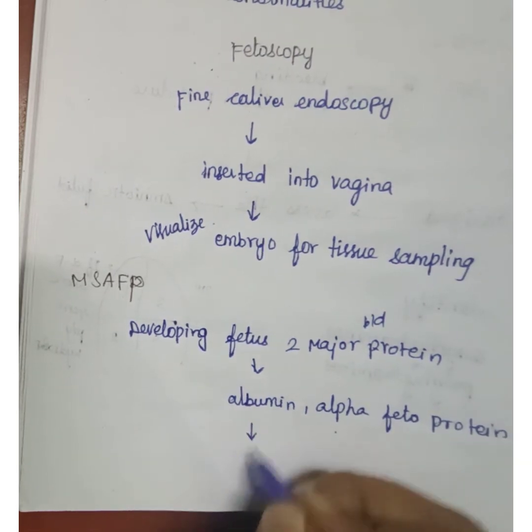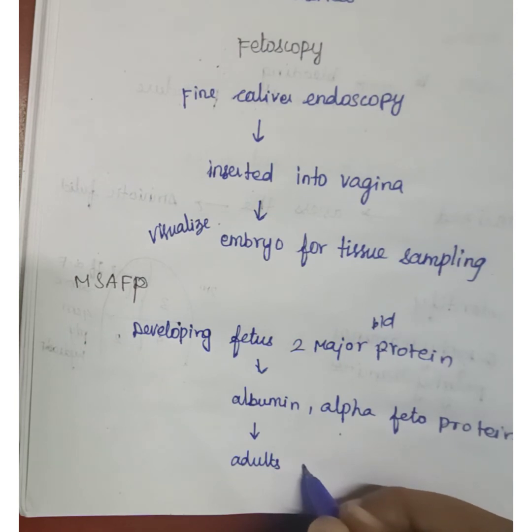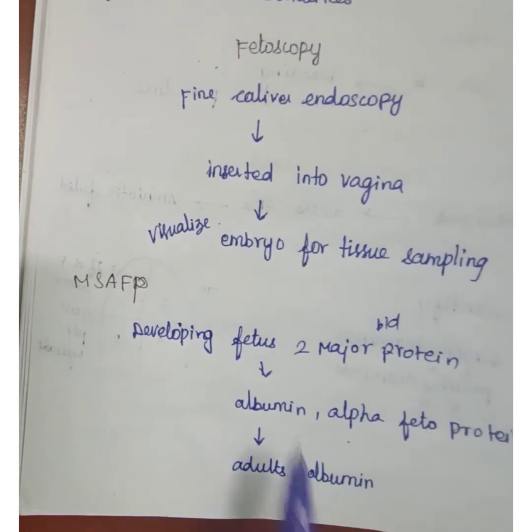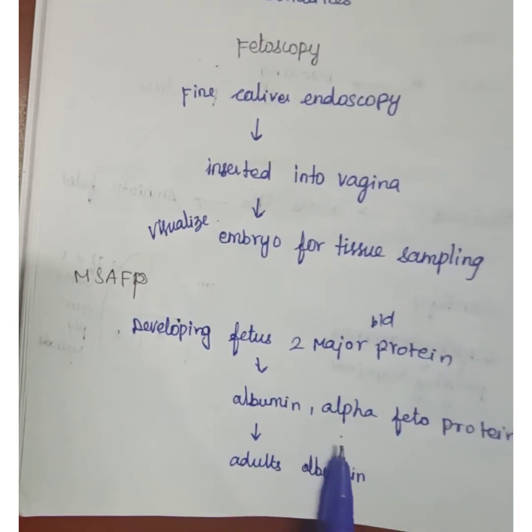The developing fetus will have two major blood proteins: one is albumin and another one is alpha fetoprotein.